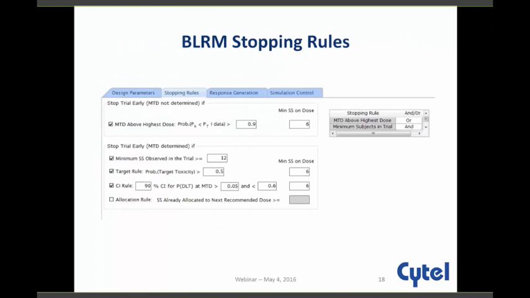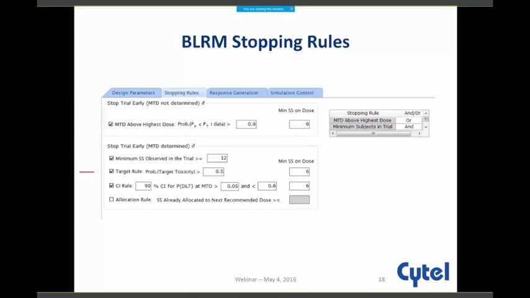In terms of specifying the stopping rules, as I mentioned in the beginning, there is a collection of different stopping rules that can be utilized. Typically what the authors of the original paper propose is to set the so-called target rule.